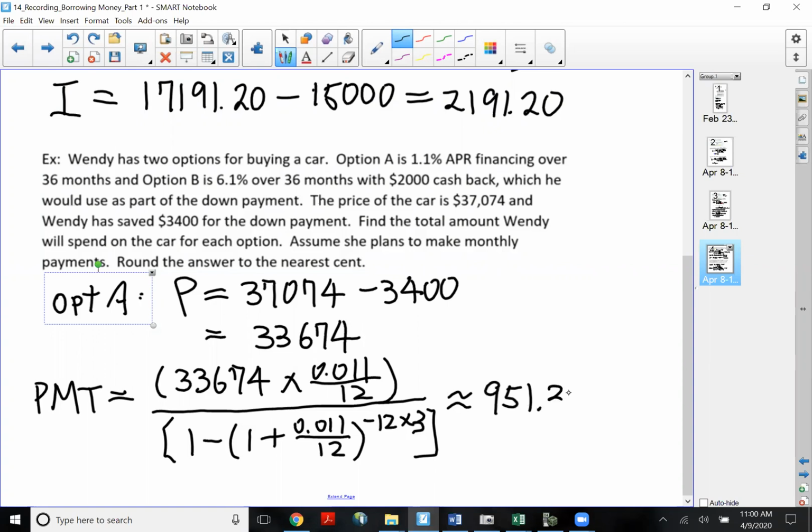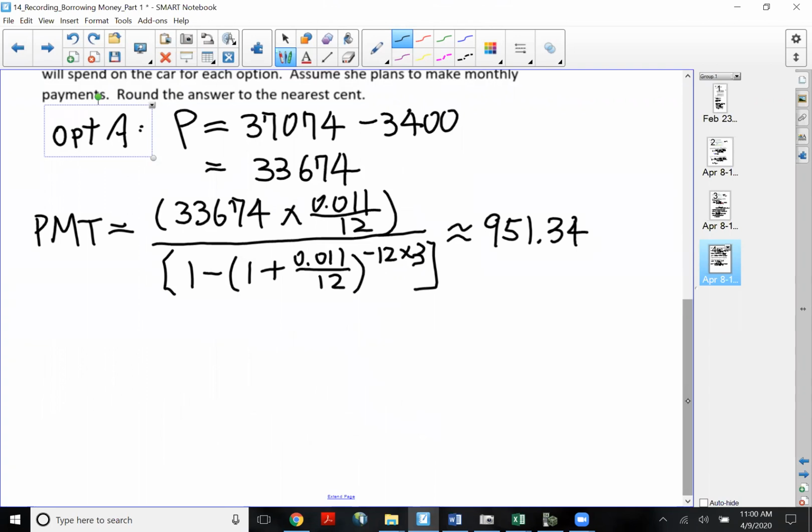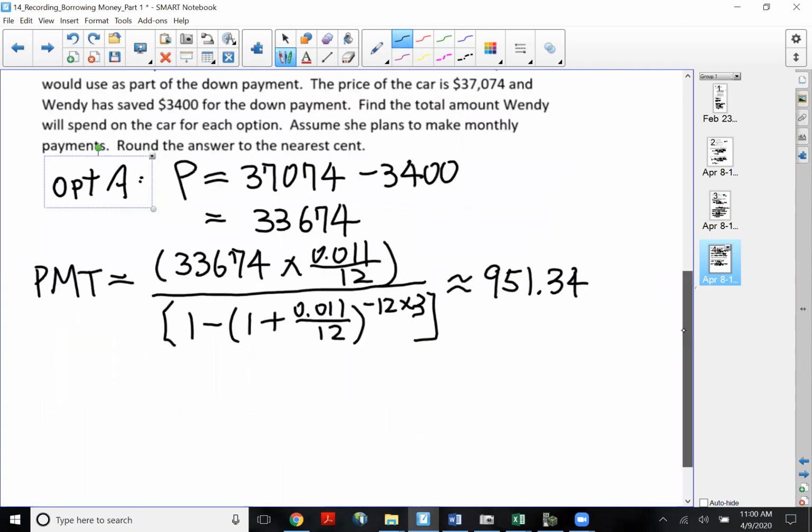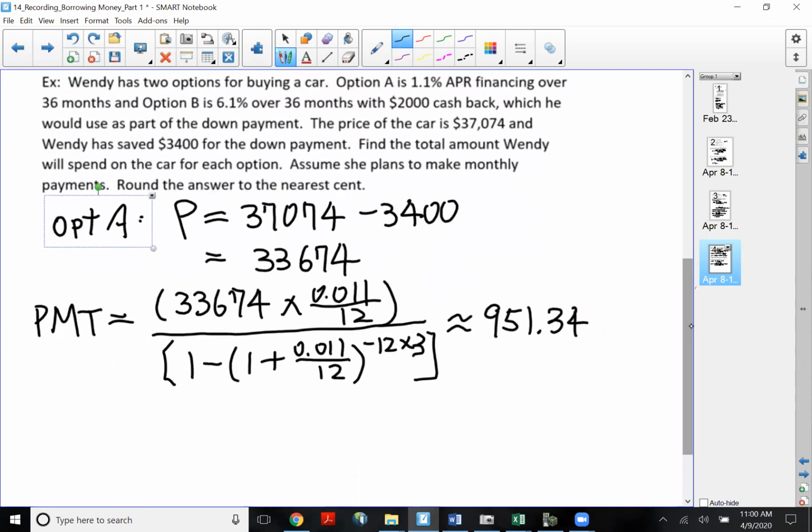$951.34. It's a lot of money because she only financed for 36 months, a very short amount of time to pay off a $33,000 car. The question at the end is asking us to find the total amount of money Wendy will spend on the car.